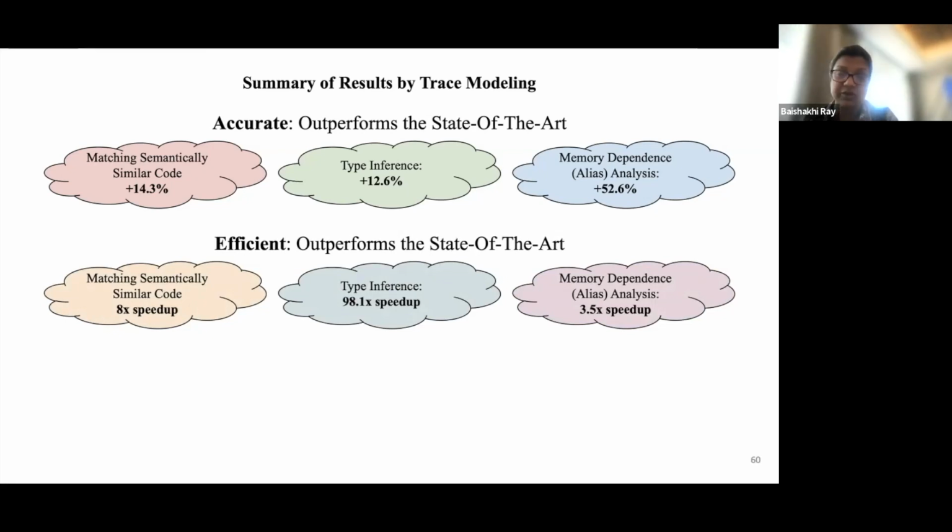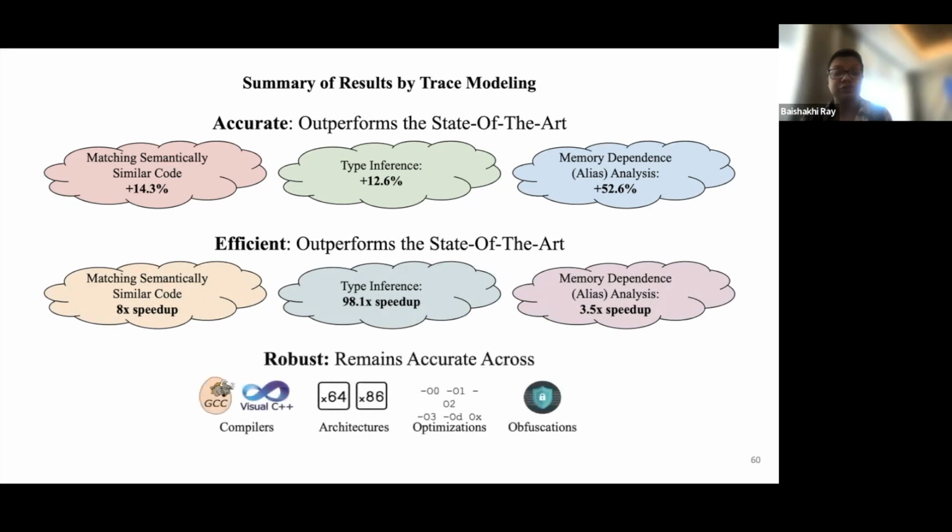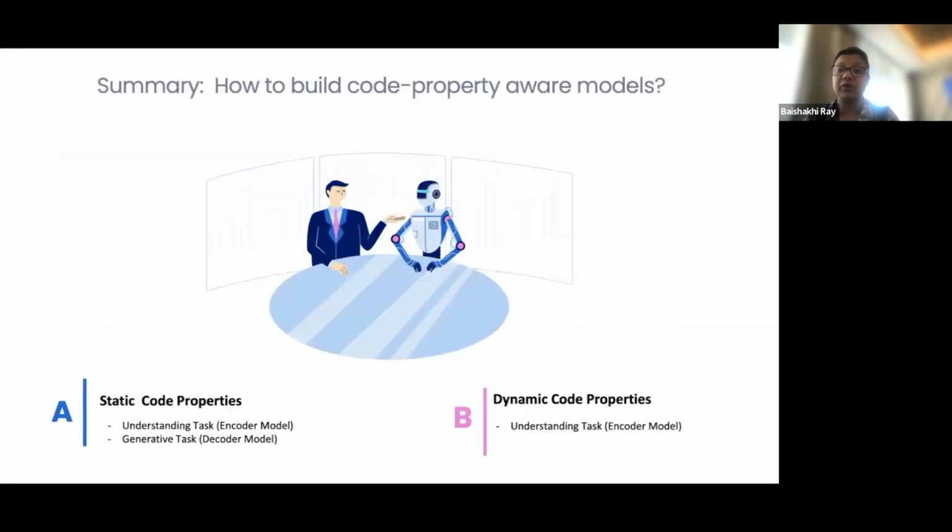You do a little bit of fine-tuning and then it is basically a one-shot query, so the speed is significantly better. And this kind of training remains robust across compilers, architectures, optimizations, obfuscation, etc. So again, quick summary: the dynamic code properties also help a lot, especially if your task requires much deeper understanding.